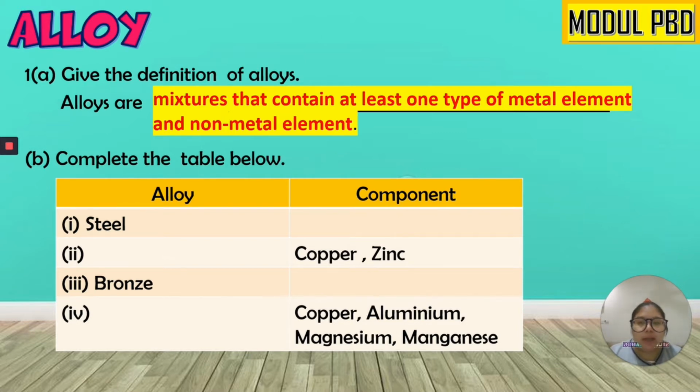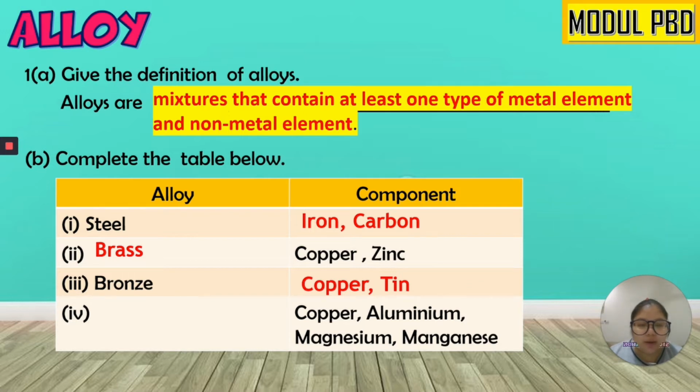Okay, number 2, we're going to see the table. We need to complete the table with the components that we mix together with the metal. First one, steel: the components we mix are iron and also carbon. Next, what is the alloy name for the mixture of copper and zinc? It's brass. Then bronze: the mixture should be copper and also tin.